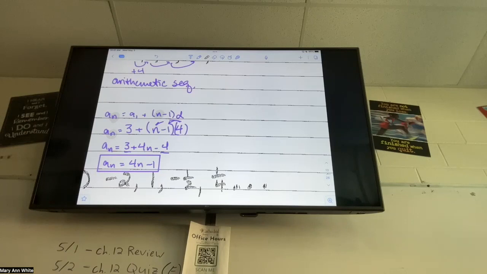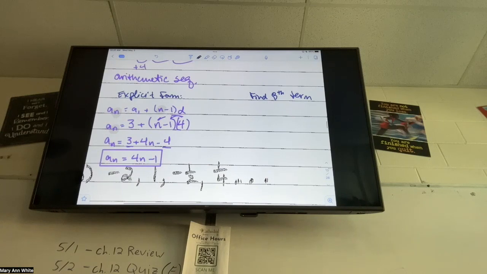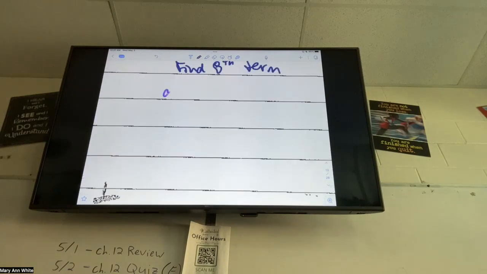All right, now we want to use this formula and plug in order to find the 8th term. That's what the directions up there said. This was my explicit formula, and now I want to find my 8th term. Every time I see n, I'm going to put an 8 in now. So a sub 8 equals, my first term was 3 plus n, which is now 8 minus 1 times d, which is 4.